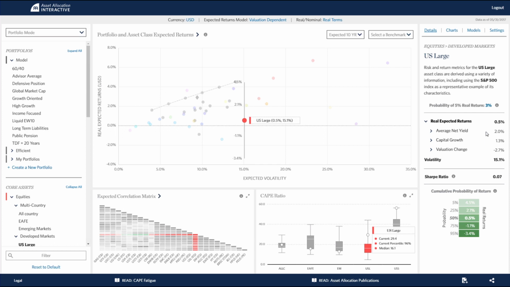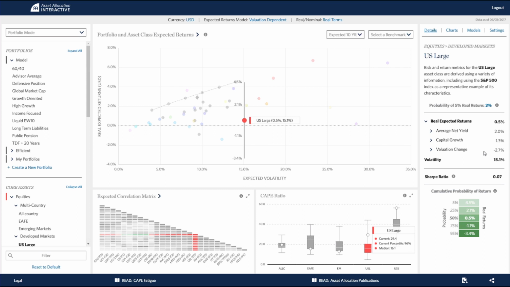As I said, we do not want to extrapolate the past. We want to look at fundamentals, and those fundamentals are the current dividend yield of about 2%, long-term earnings growth at 1.3%. We're slightly under that, and if you read our methodology document, you can see all the nuances, but essentially 1.3% is very close to long-term earnings growth. And again, a huge loss in valuation of almost minus 3%.